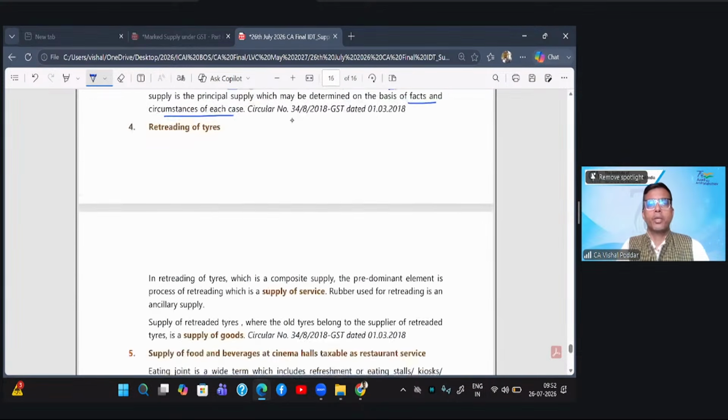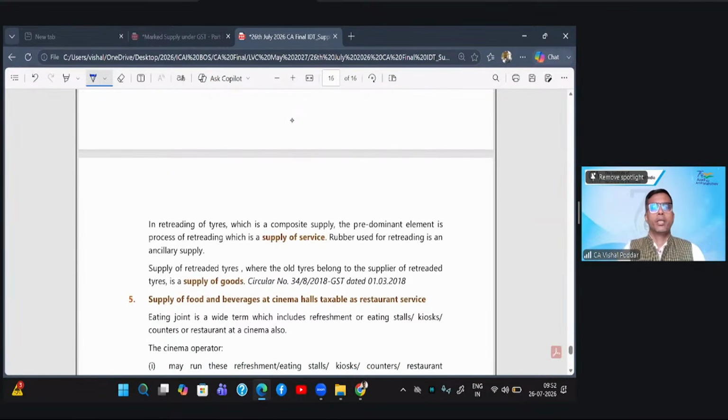Then the next concept is retreading of tires. Now in retreading of tires, where the predominant element is the process of retreading, it will be supply of service. However, where old tires belong to the supplier of retreaded tires, it is supply of goods. So again, students, what is to be seen is the main intention of the supply.